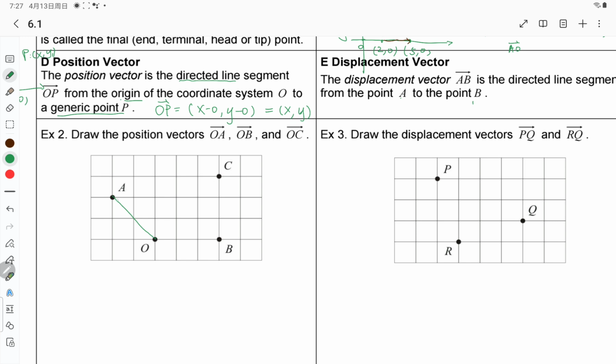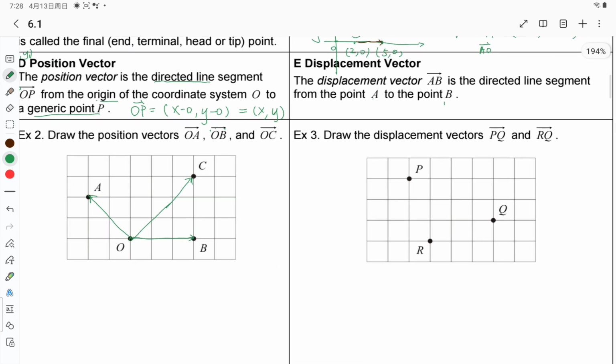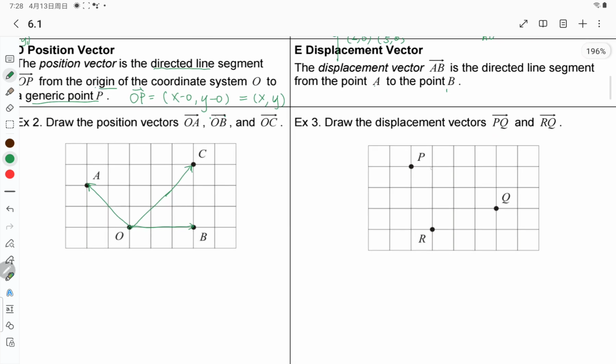OA like this, starting point from O, and then to B, any point B, and then starting from O to C. It's nothing too complicated. And then displacement, these are essentially the same: the starting point, the ending point.